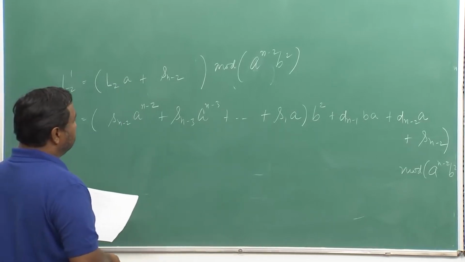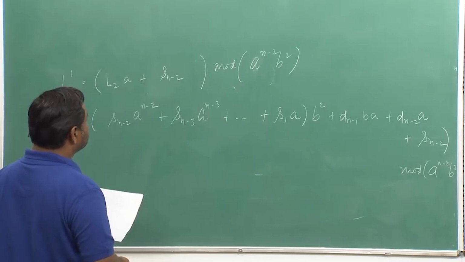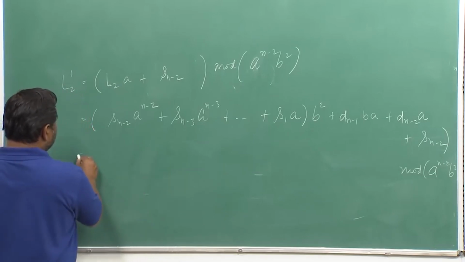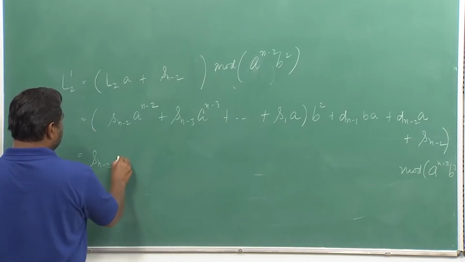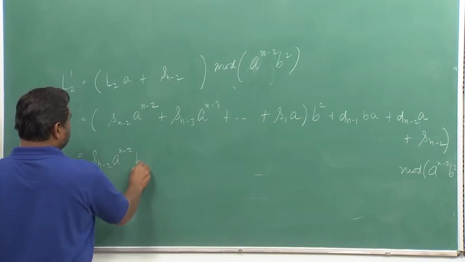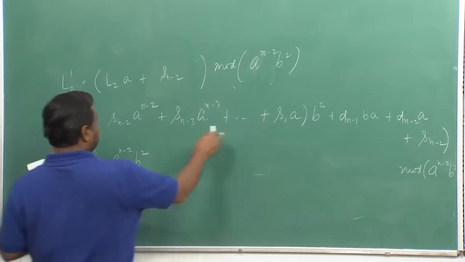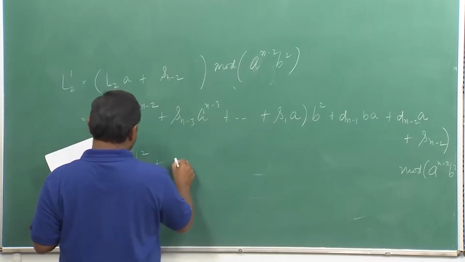So, once I do it, one term which will come out is Sn minus 2 a raised power n minus 2 b square plus the remaining stuff.